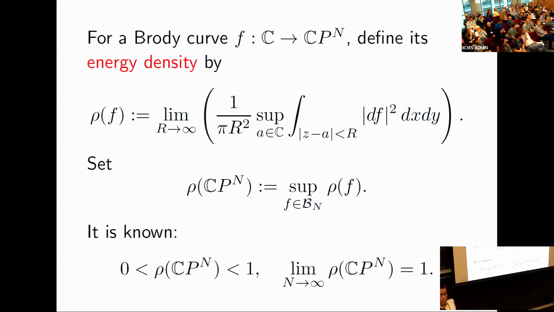Is it unique? No, probably not unique. I do not know. It's not constructive. You don't have a guess for what it is? For n equal 1, I have a conjecture, but it's a bit different story, so today I want to skip it.